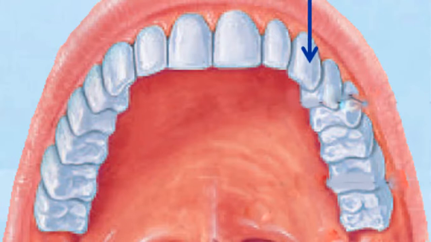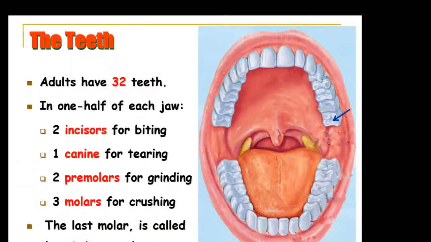Then we have one canine, for tearing food like meat. We have two premolars, first and second, for grinding. And then three molars for crushing, first, second, and third. The third one is called the wisdom tooth.